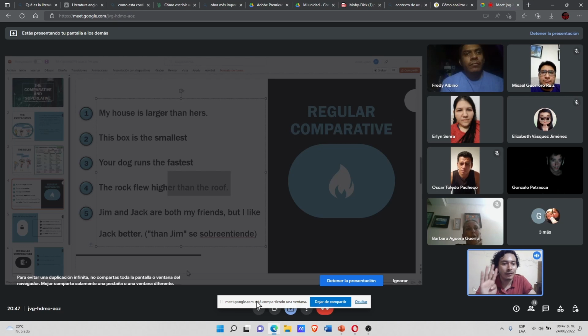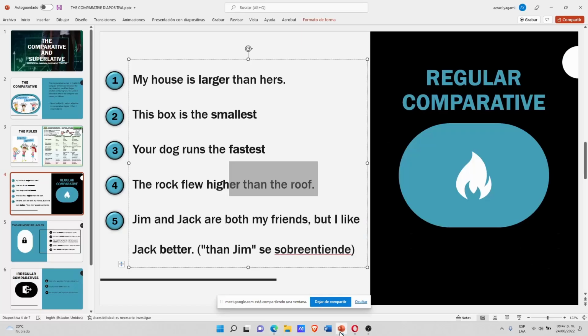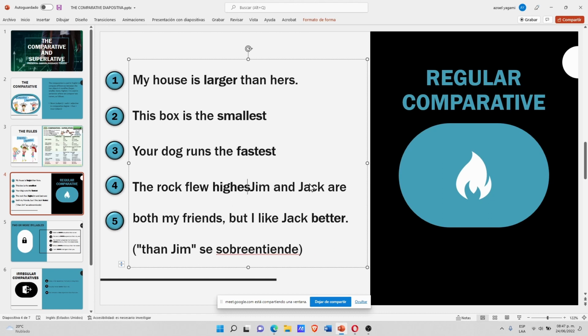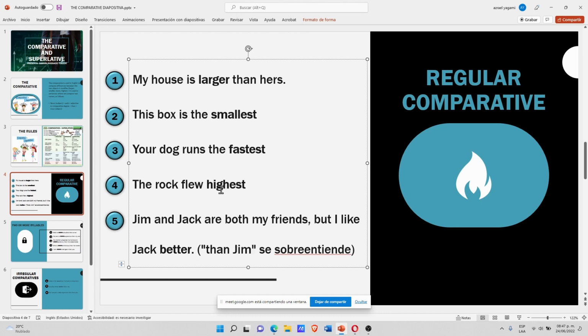Who wants to try number 4? It's easy. Okay, Erling? The highest. Okay. Excellent. High gets est, and we add the. Excellent. The next.